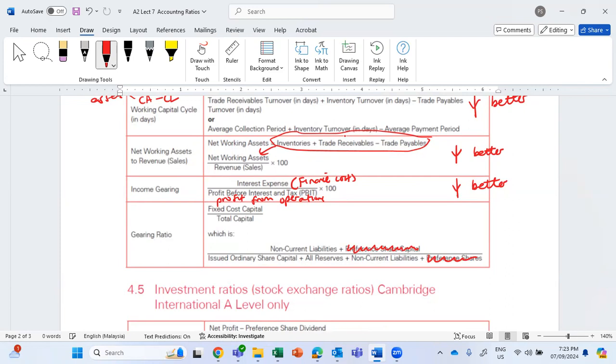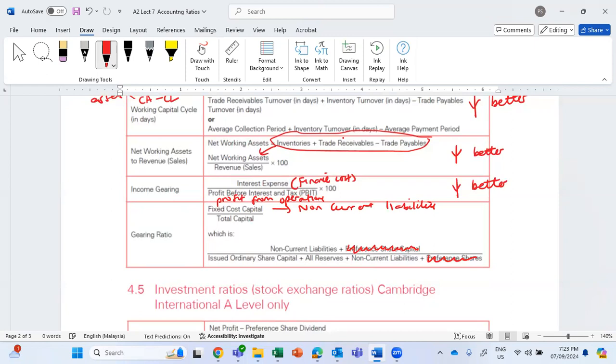So fixed cost capital is none other than all forms of non-current liability, because non-current liability is a form of capital, but it's borrowed money, it's temporary, and we have to pay a cost. The cost is the interest that we have to pay.